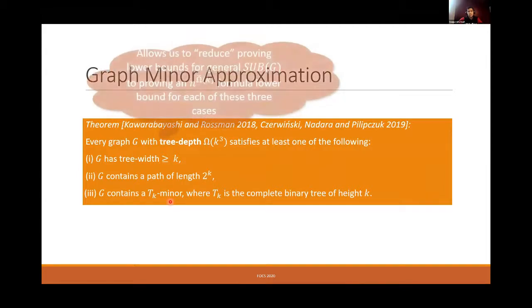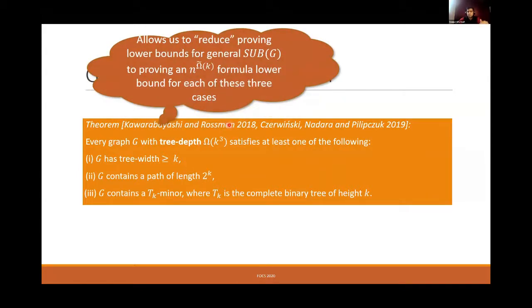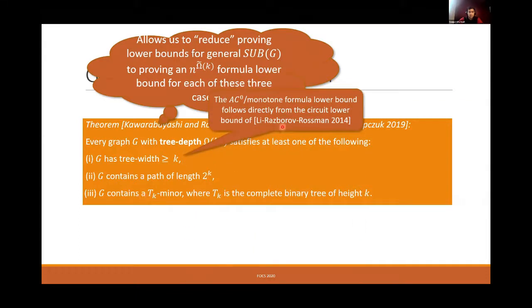So how is this useful? We want to prove formula lower bounds for sub G, and of course G could be absolutely anything, so you want to reduce it to certain special cases. This theorem really allows us to do that. In the first case, the circuit lower bound of Lee-Raspberry-Rossmann immediately yields the formula lower bound.